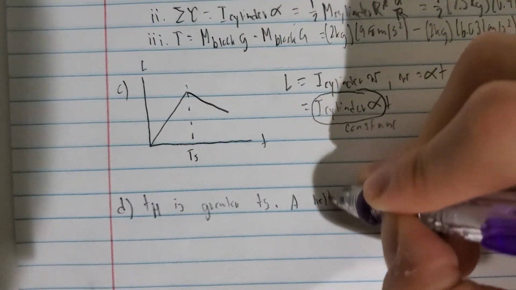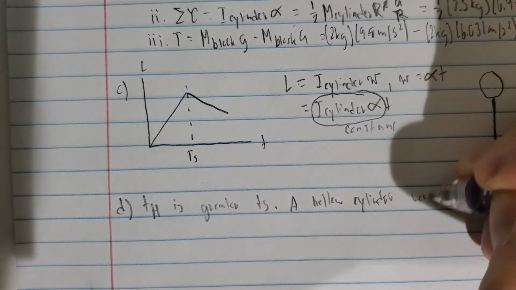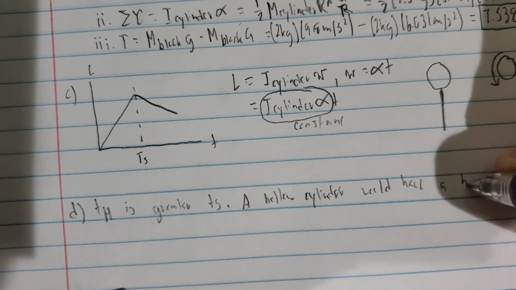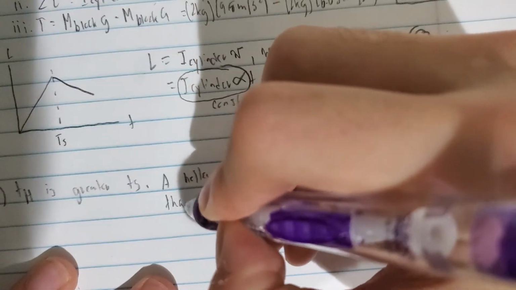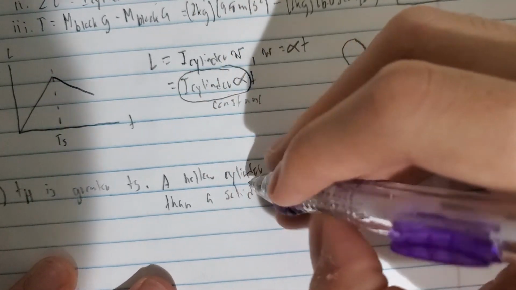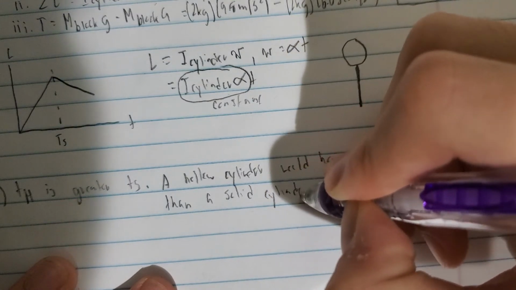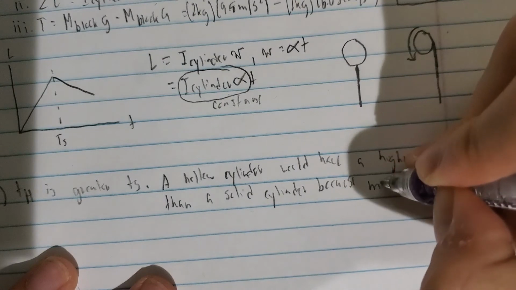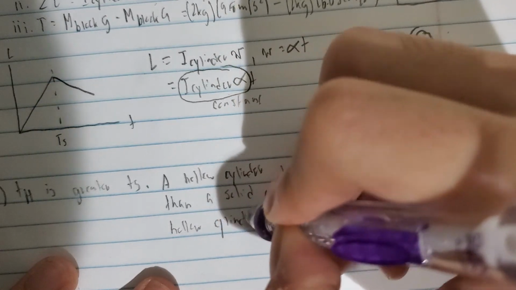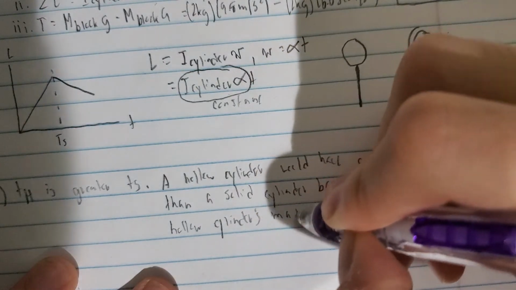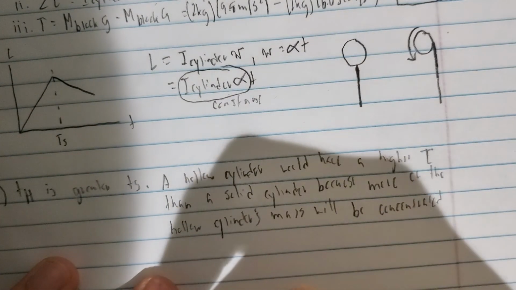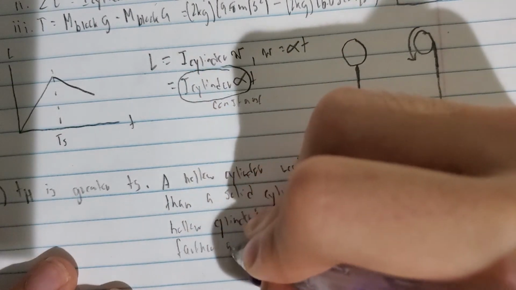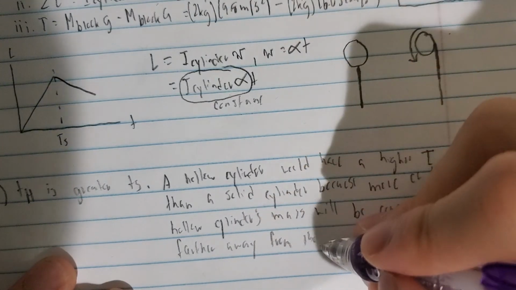So a hollow cylinder would have a higher moment of inertia, higher I, than a solid cylinder, because more of the hollow cylinder's mass will be concentrated farther away from the axis of rotation.